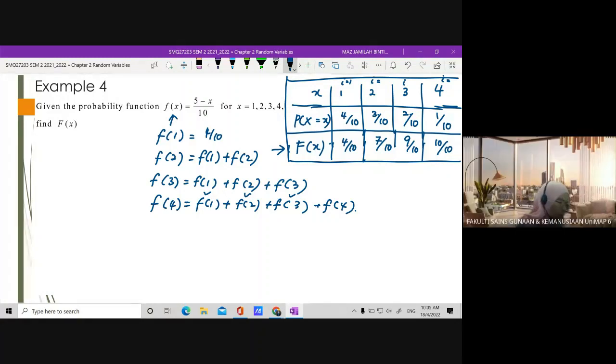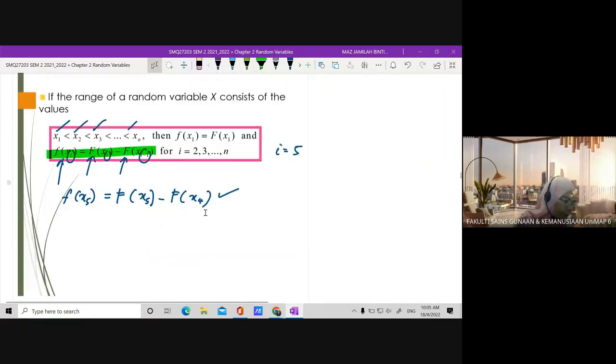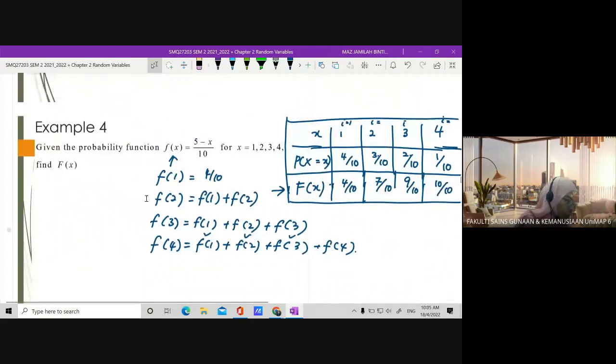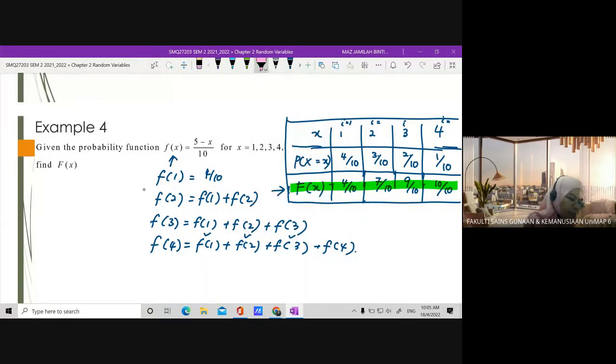So we haven't seen this yet. This one we didn't use yet. We are going to use it afterwards. Now, this is what we call Fx. Just now we were talking about probability distribution, and the probability distribution is represented by these two rows.